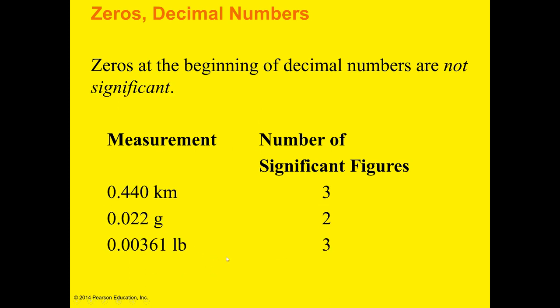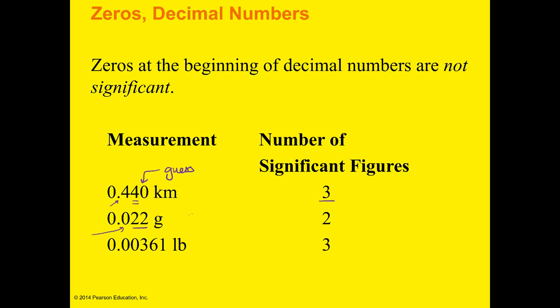Okay, 0.440. Again, I look at that zero. That's our guess. There's a non-zero digit and a decimal point before it. So that's 3. 0.022 is only 2 because these zeros don't have a non-zero digit in front of them.